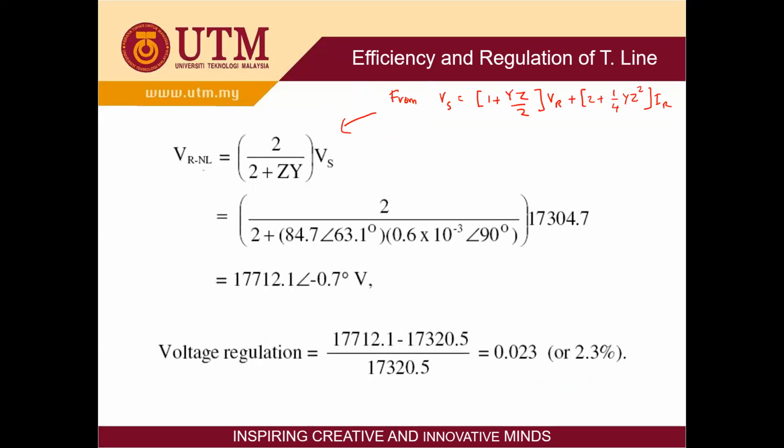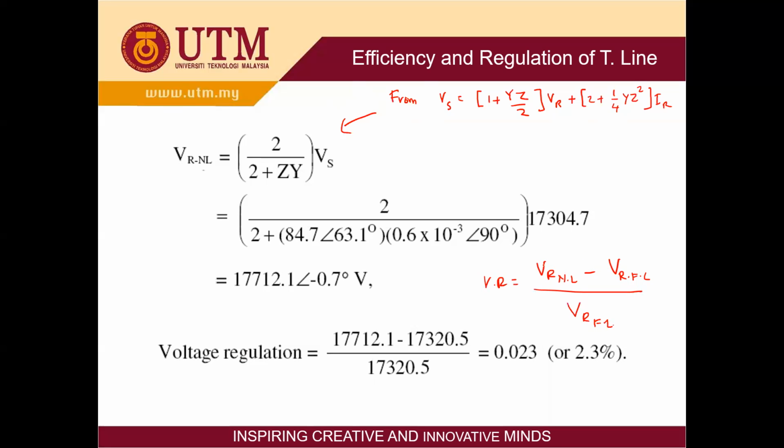And what about the voltage regulation? We are using the same equation, which is VR during no load minus VR during full load over the VR during the full load.